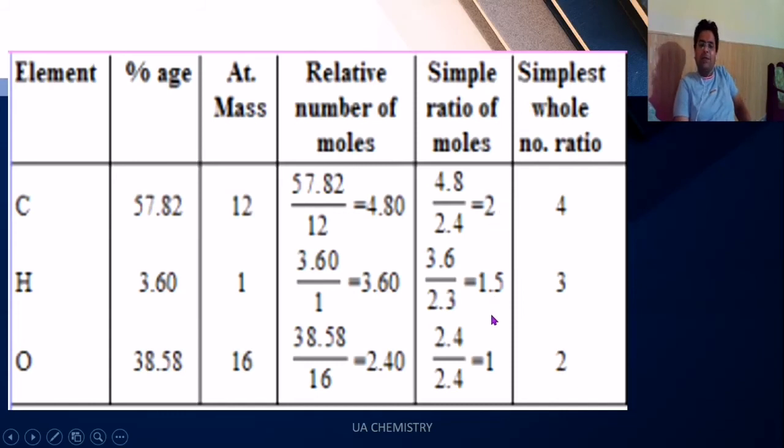Multiply all values by the same number to convert them into whole numbers. This will be their atomic ratio. So its empirical formula will be C3H4O2. This will be the empirical formula of that compound.